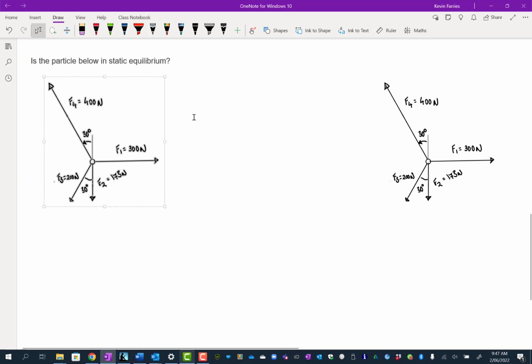So I'm going to use it directly. But if you're doing a problem from a book, just be careful about assuming that in the problem the vectors have been drawn to scale.